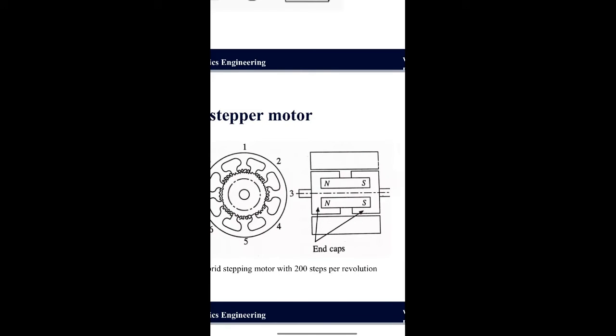Teeth of the 2 end caps are offset from each other by 1 tooth pitch, so that a tooth on one end cap coincides with the slot at the other.